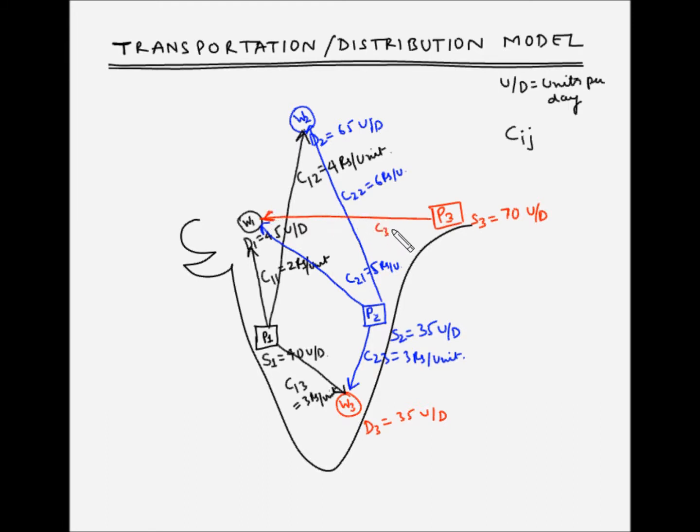So C31 is equal to 8 rupees per unit. P3 to W2 is 5 rupees per unit. So C32 is equal to 5 rupees per unit, and P3 to W3 is 15 rupees per unit.